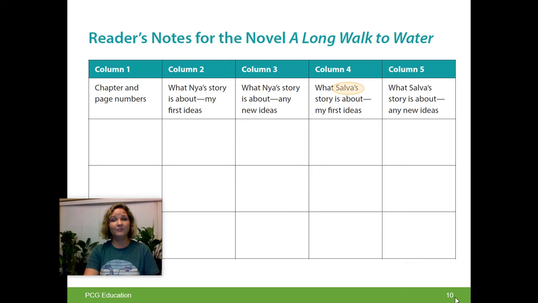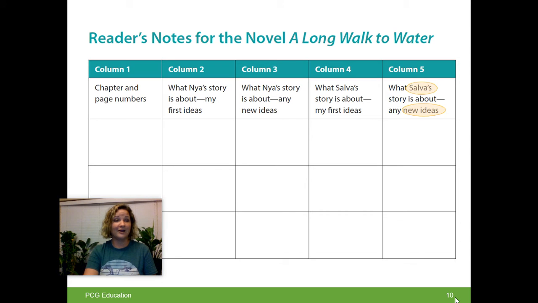So again, column 4 and 5 are about Salva's story. Column 4 is the first ideas. Again, only one first idea for each character, one for Naya, one for Salva. And then after that, anything new we find out about this person in the book, we're going to add to column 5.